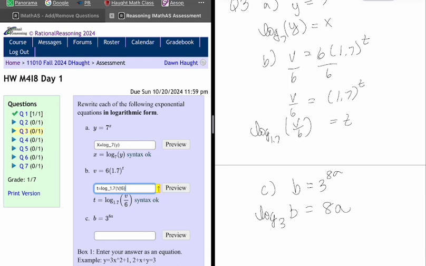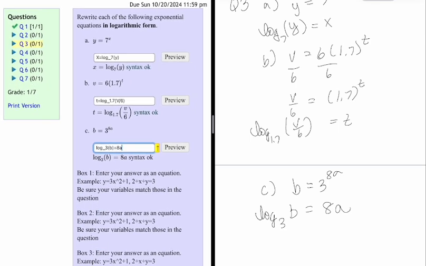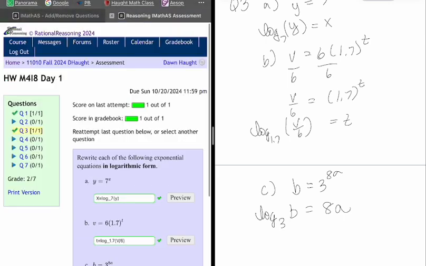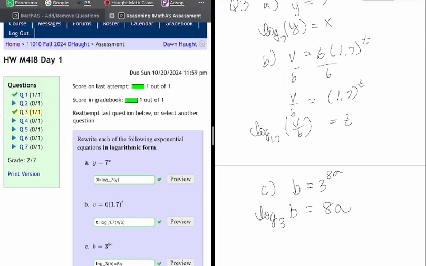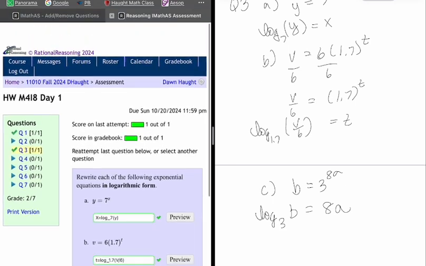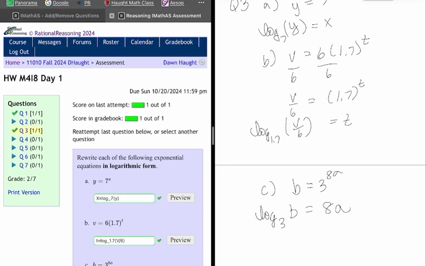Okay, so I'm going to put it in like that first, and then I'm going to see if iMath messes with it. It might not like it. We might have to divide off the a, but let's see if iMath is okay leaving the 8 there. But technically, you could have divided both sides by 8 if you needed to know what a is. Okay, so that's homework for 8 day 1. And of course, that's your responsibility to finish.